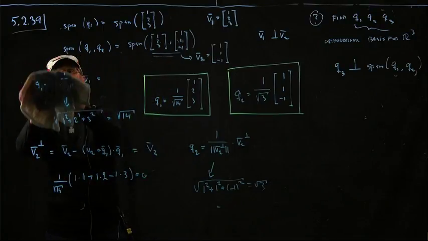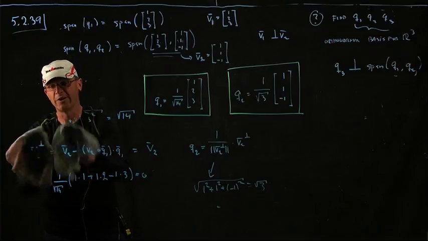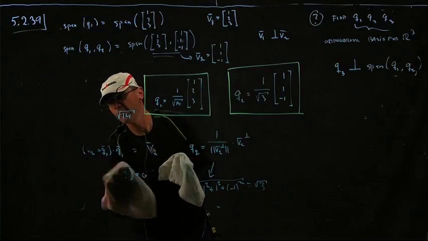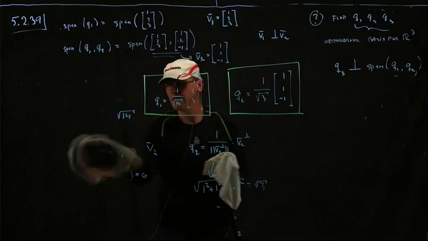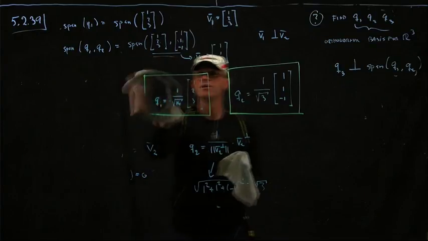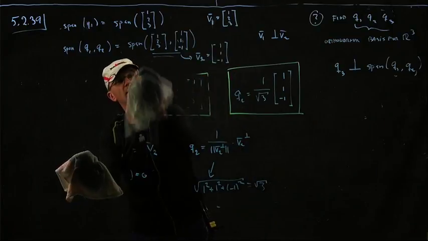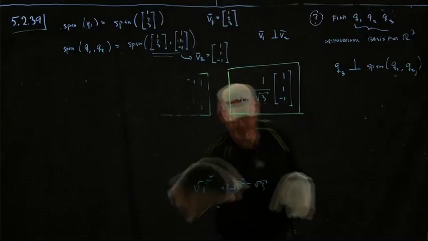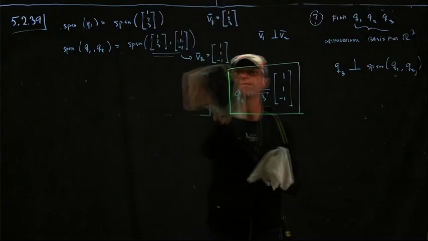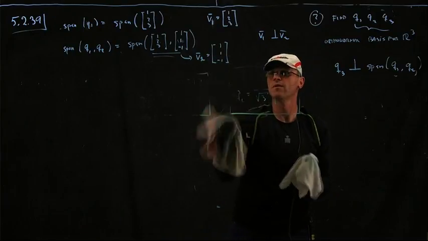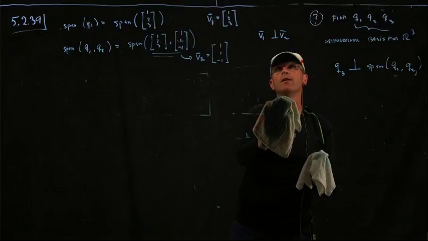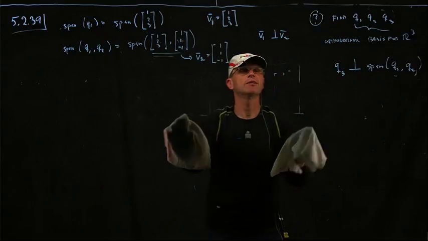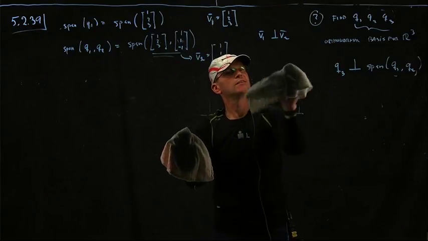So let's erase this part where we found Q1 and Q2, and we now have to find the kernel of a matrix along the way. Let the fun begin. It would have been clever not to erase Q1 and Q2, but minor details.